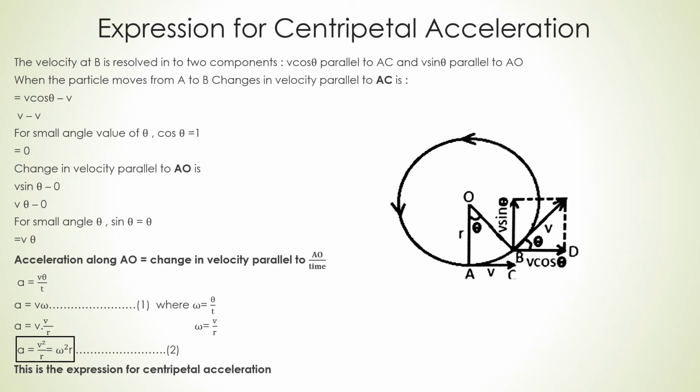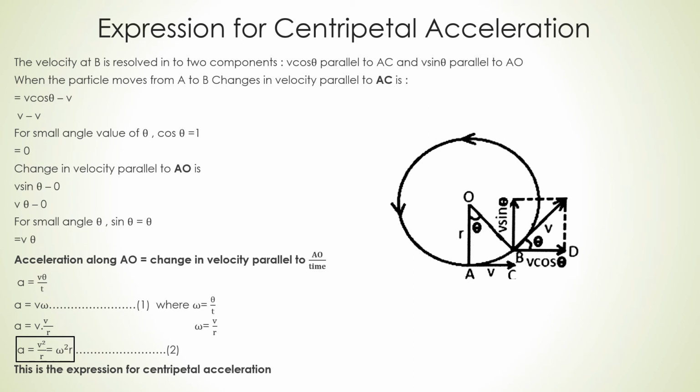Let the particle move from A to B in time t, and theta will be the small angular displacement made by the radius vector. Next, the velocity at B is resolved into two components, that is v cos theta parallel to AC and v sin theta parallel to AO.